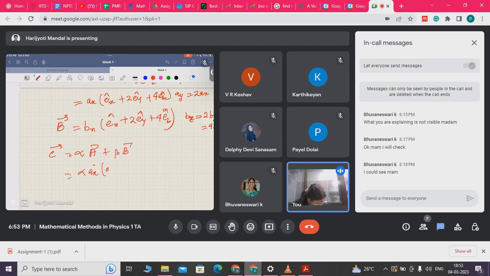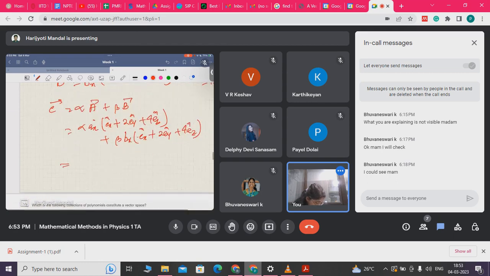Okay, so C will be alpha A plus beta B, so alpha into ax (ex plus 2 into ey plus 4 into ez) plus beta bx (ex plus 2 into ey plus 4 into ez).